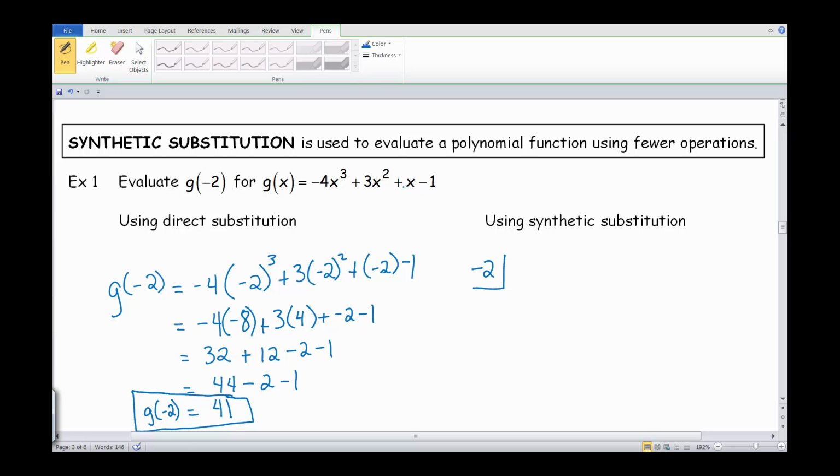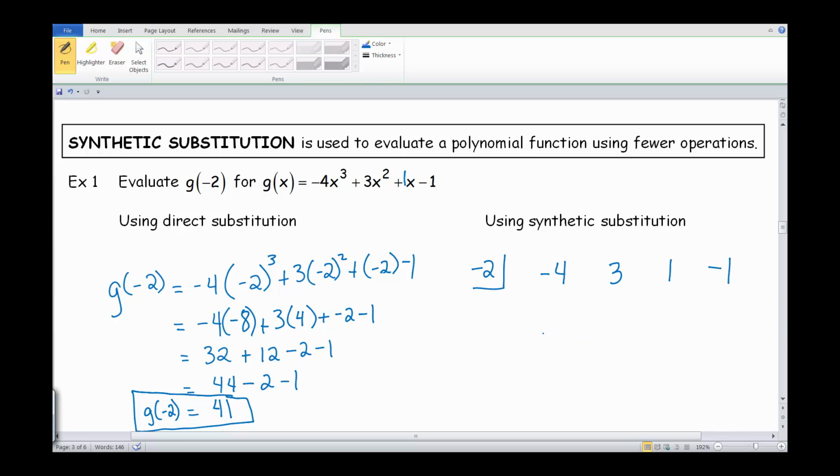If you were missing a term, you might have to think around how to get that coefficient. I think example 2 illustrates that nicely, so we'll see that when we get there. But for right now, we just take the coefficients -4, 3, in this case 1, and -1. We're going to write that right over here: -4, 3, 1, and -1.